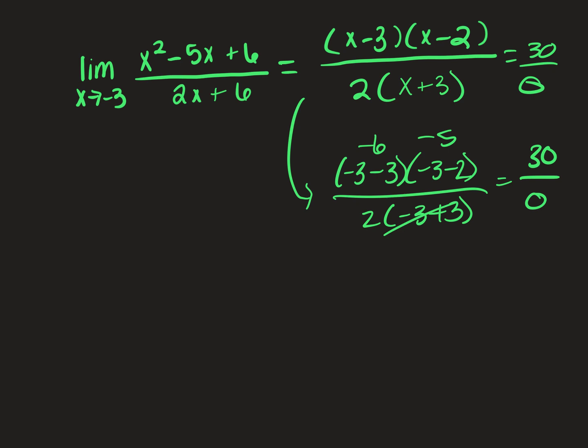Are you sure? Is it negative? Negative 3 minus 3 is negative 6. It would be like if it was minus a negative. It's not, though. Right, so that means our limit does not exist. But you have to go through the process and factor to make sure it doesn't exist, right?